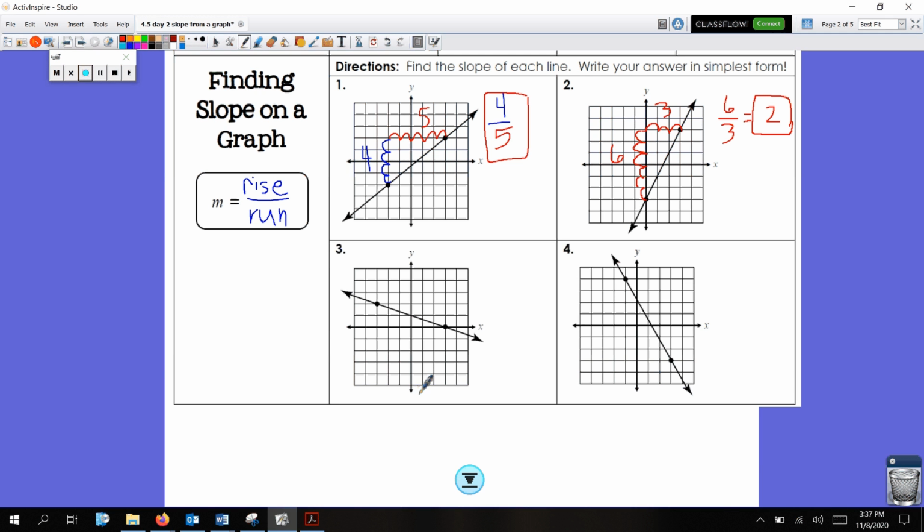We start at the lowest point. Here it is. So we're going to count 1, 2. So my rise is 2. But now my run is to the left. So that is making it a negative. 1, 2, 3, 4, 5, 6. Negative 6.